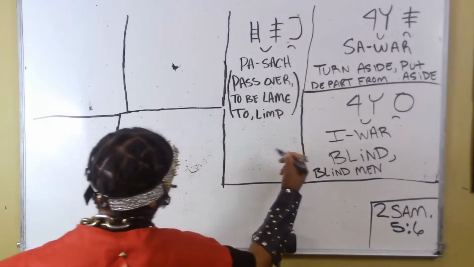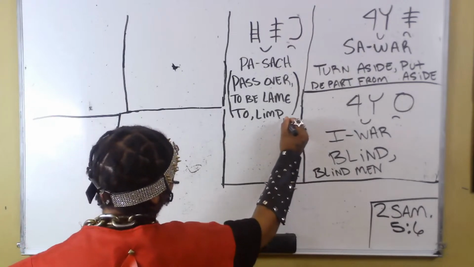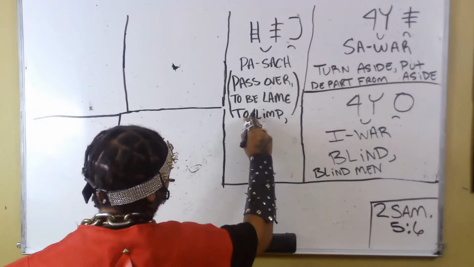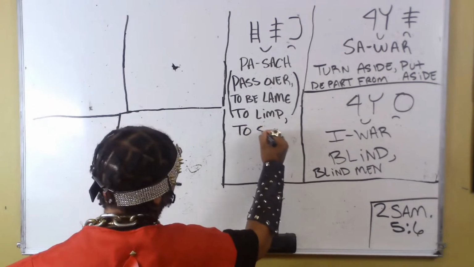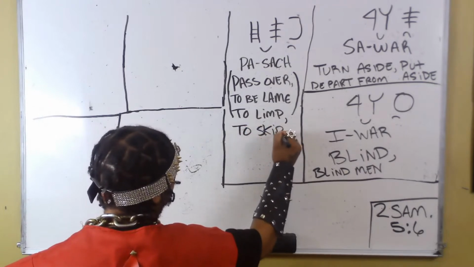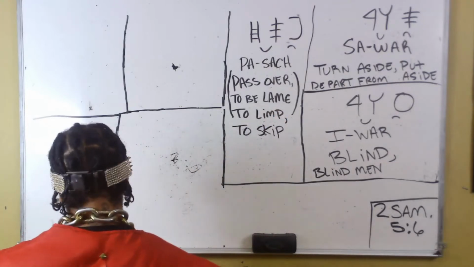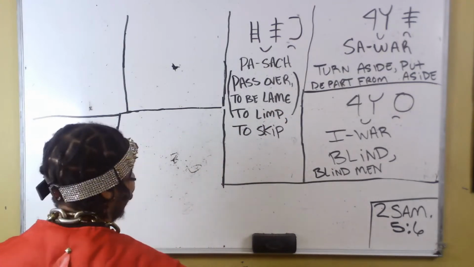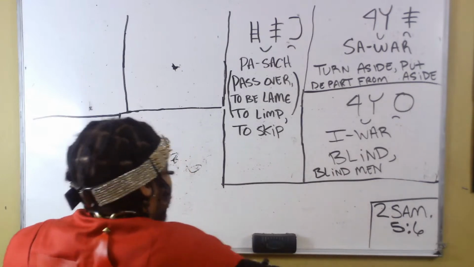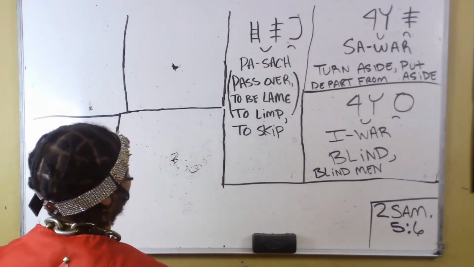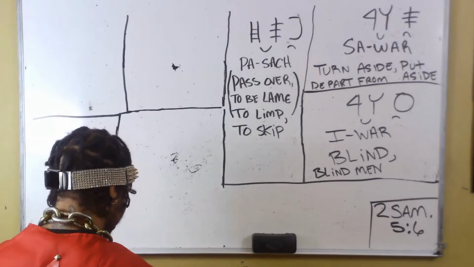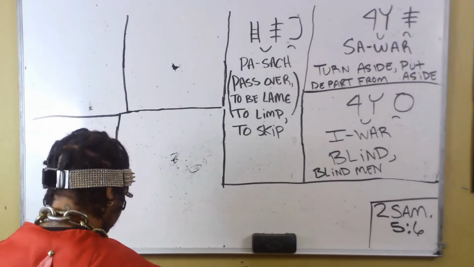Actually, we can fit it since we got a nice little bit of space. To skip. The main use is Passover. It's famous for the Passover, where the Lord skipped over us or passed over us if we had the blood on our doorpost.